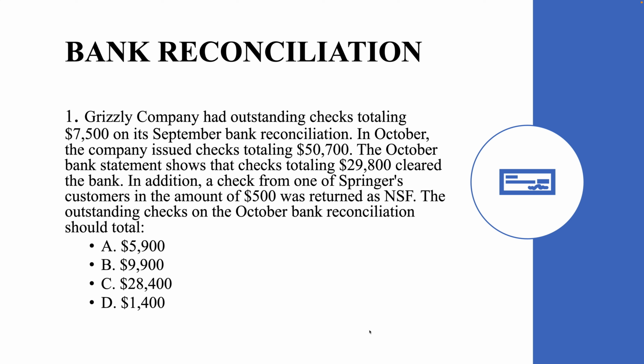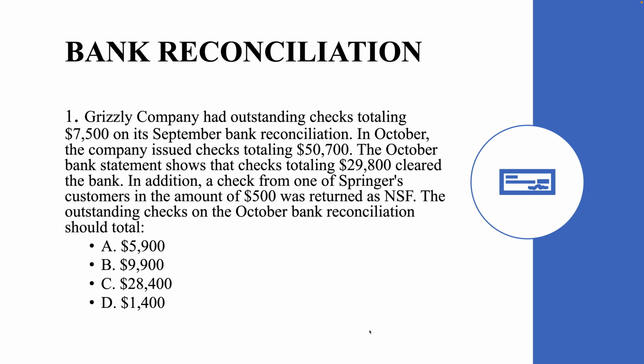Problem 1. Grizzly Company had outstanding checks totaling $7,500 on its September bank reconciliation. In October, the company issued checks totaling $50,700. The October bank statement showed that checks totaling $29,800 cleared the bank.